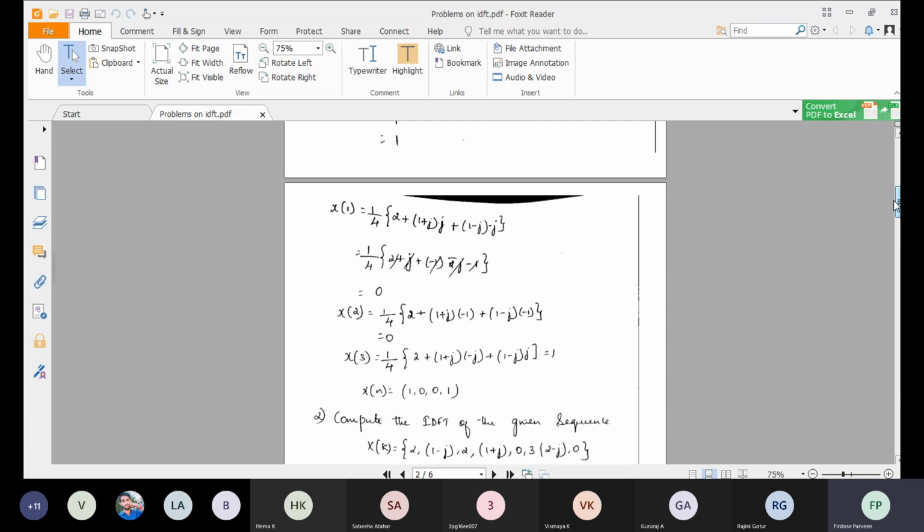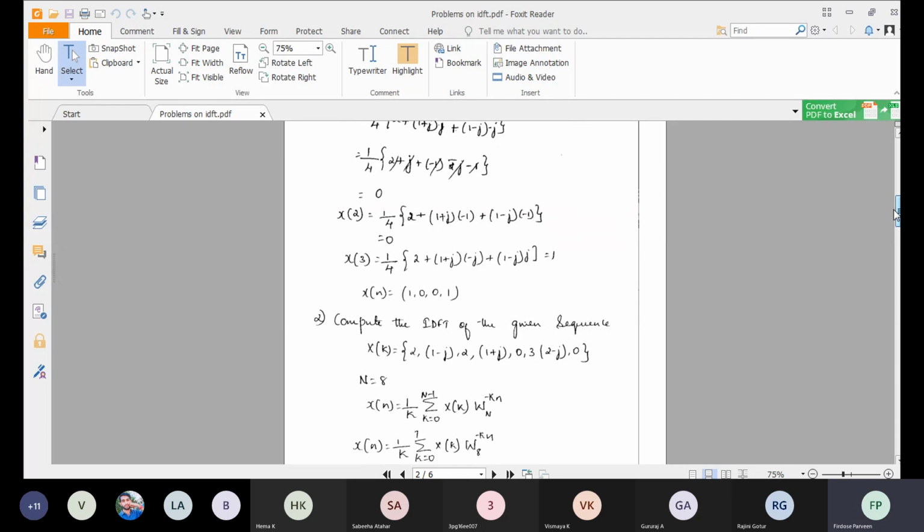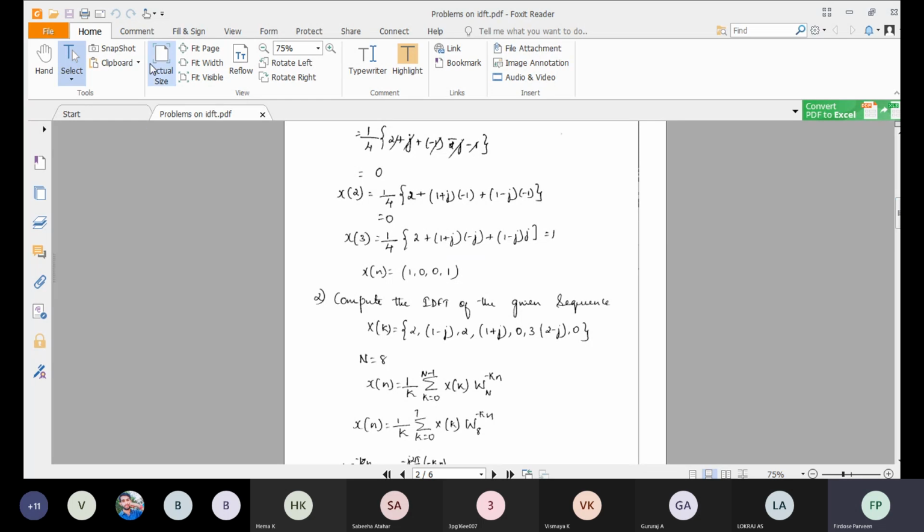Take down this one. Compute the IDFT of the given sequence x of k is equal to 2, 1 minus j, 2, 1 plus j, 0, 3, 2 minus j, 0.